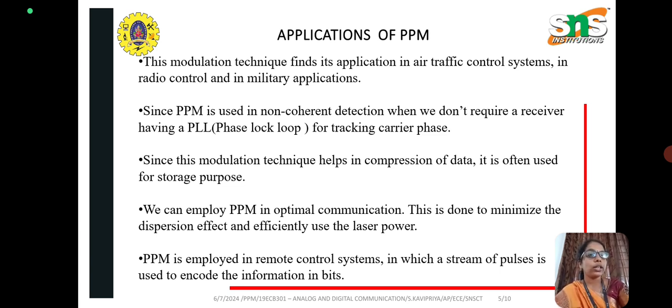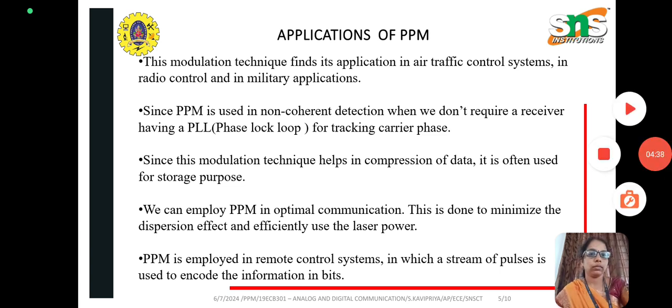Since this technique helps in compression of data, it is often used for storage purposes. We can employ pulse position modulation in optical communication, to minimize the dispersion effect and efficiently use the laser power. It is also employed in remote control systems, in which a stream of pulses is used to encode the information in bits.